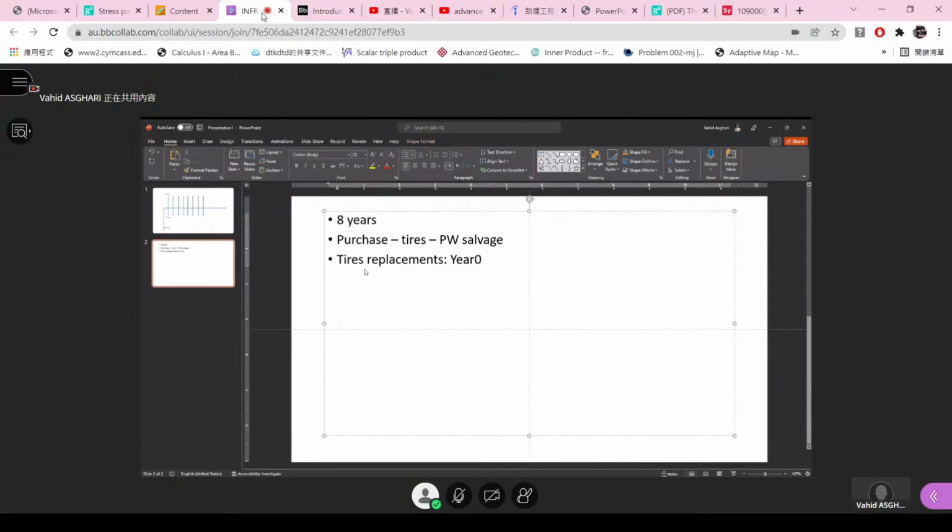Year 0. It means at the beginning of the purchasing of the machine, and then it's gonna be year 2, year 4. It means every 2 years, right? No, let me check. What am I doing wrong here?